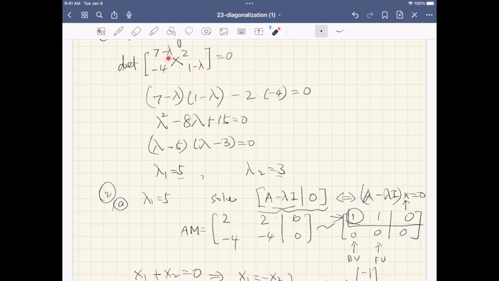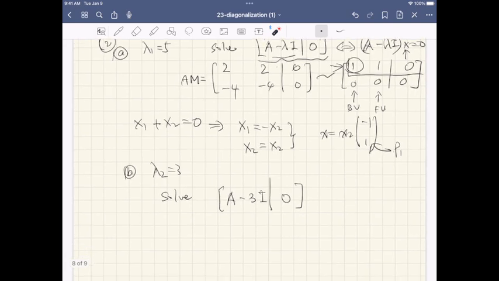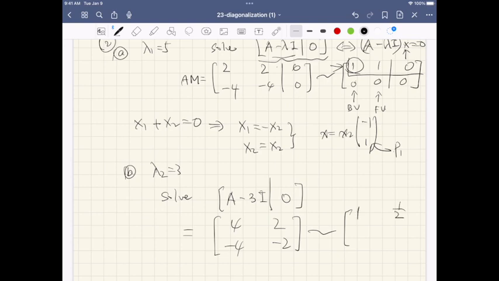So 7 minus 3 is 4, so 4, 2, and negative 4, negative 2, with 0, 0. Of course, we can reduce this to 1, 1 half, 0, 0.